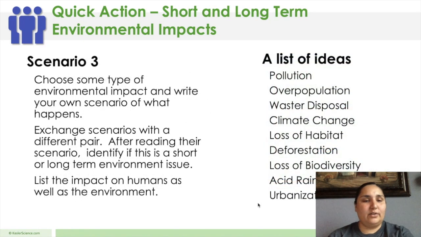All right, scenario 3. This is maybe something you can do. Choose some type of environmental impact and write your own scenario of what happens. Think of a possible pollution, overpollution, water disposal, climate change, loss of habitat, deforestation, loss of biodiversity, acid rain, urbanization.